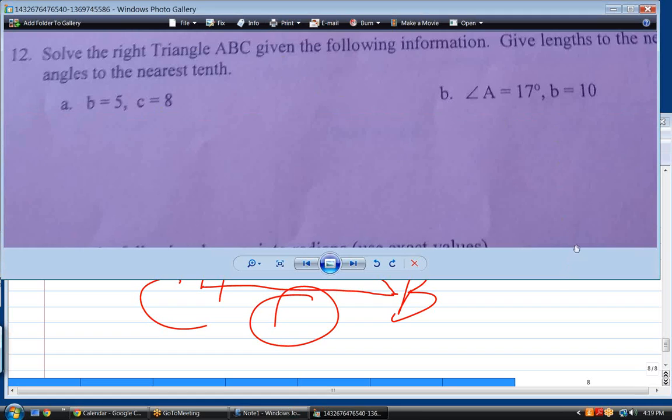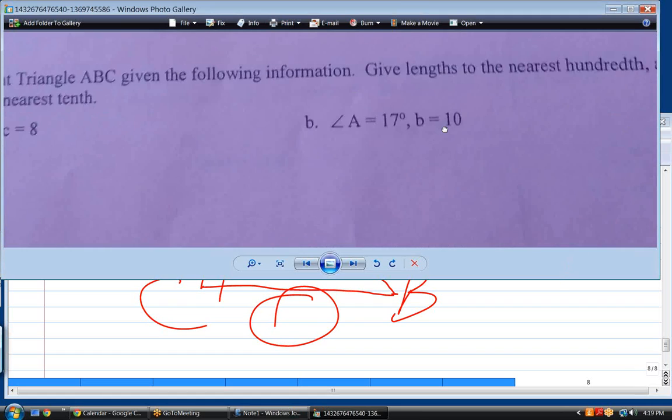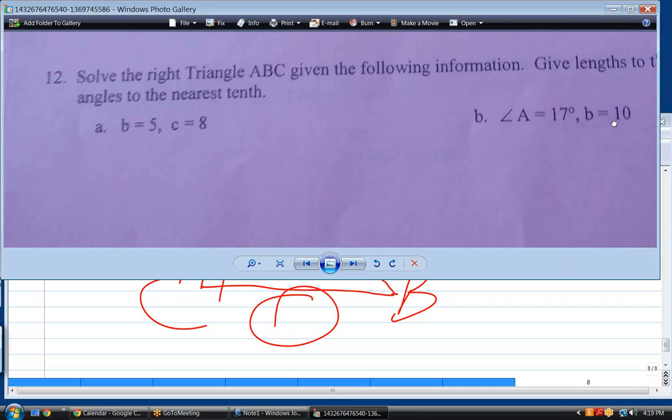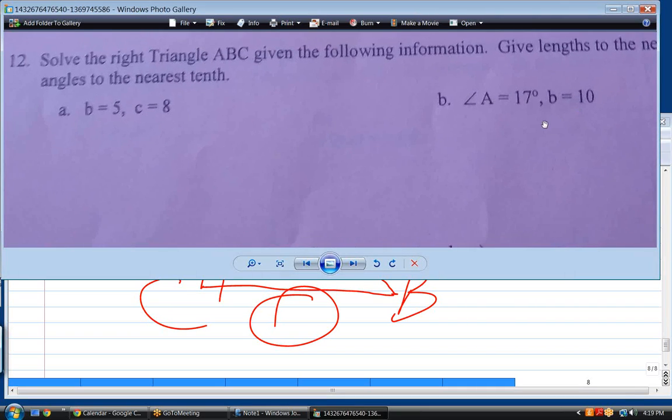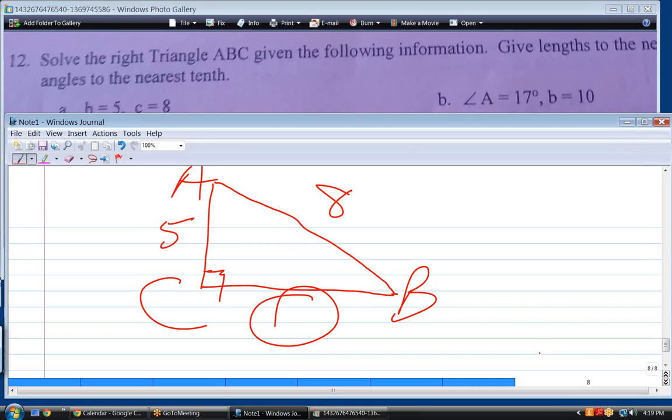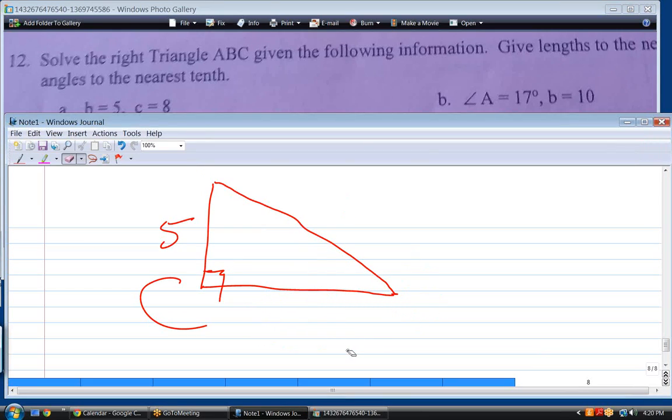So, hold on a moment. Let me give the lengths to the nearest hundredths and angles to the nearest tenths. I'm going to assume that A is the right angle, only because they don't really tell us. And I don't honestly think there is a standard. The only standard I know of is that you have to go clockwise when you read the triangle.